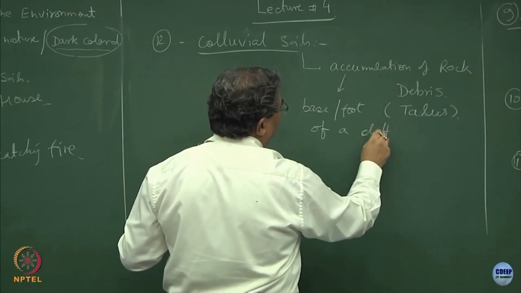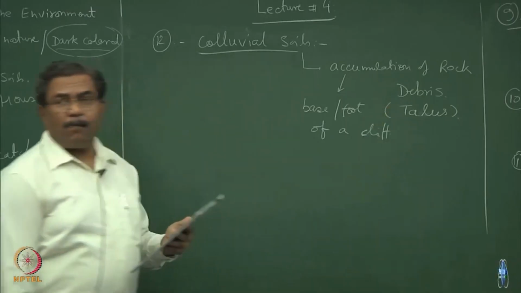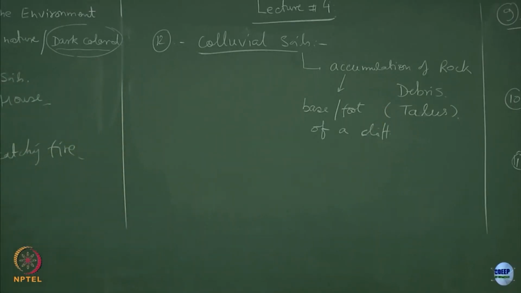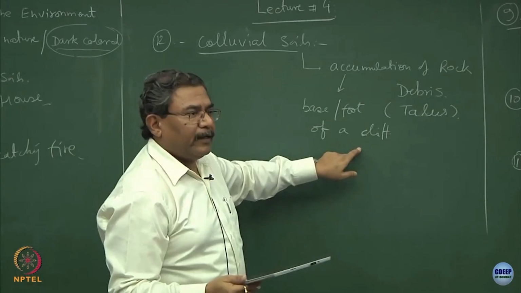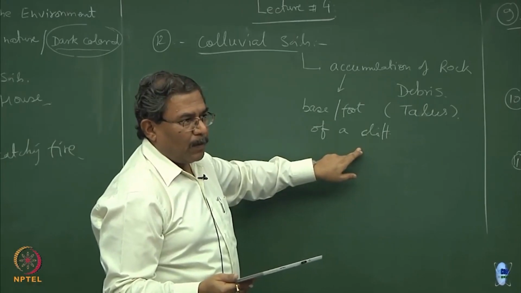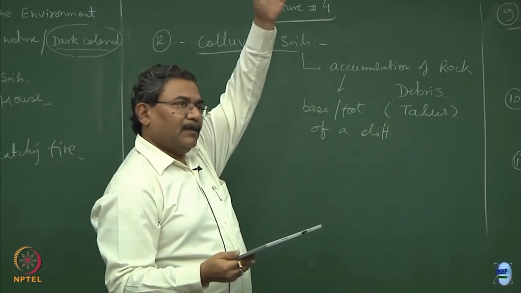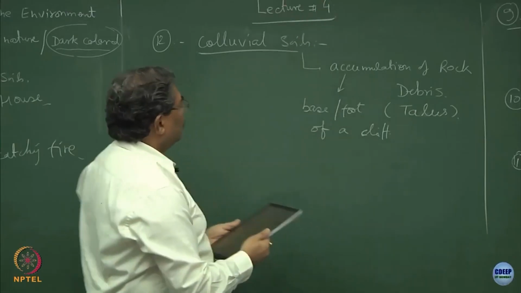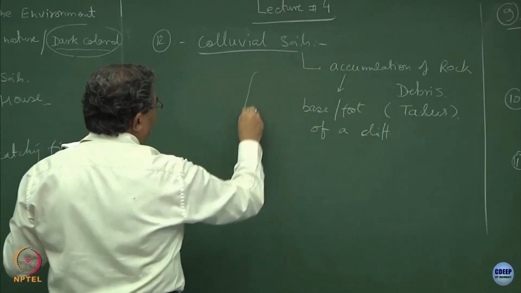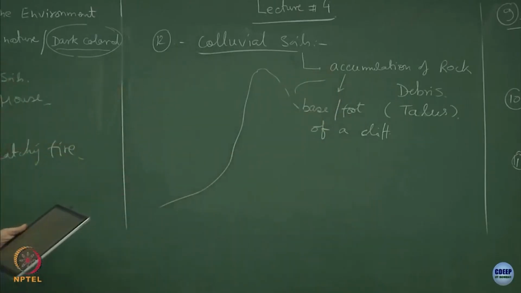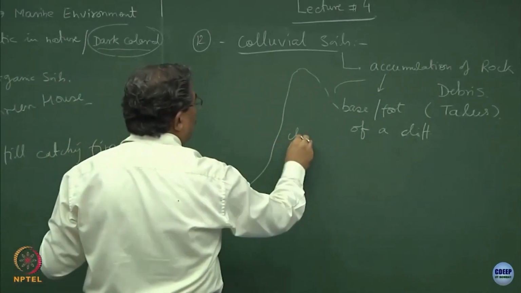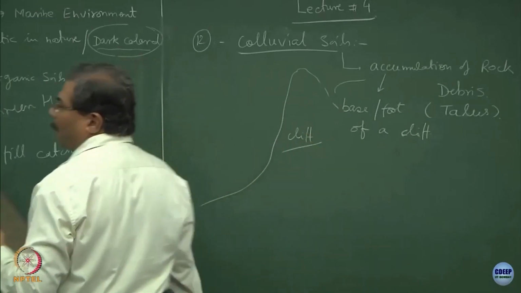You know what is a cliff? Almost a vertical system of rocks, alright, near vertical. So, those of you who might have gone to Saptashringi very close to Nasik, the rocks are cliffs, near vertical. So, suppose if I draw a system of rocks like this, alright, now this is a cliff, it is not a slope.